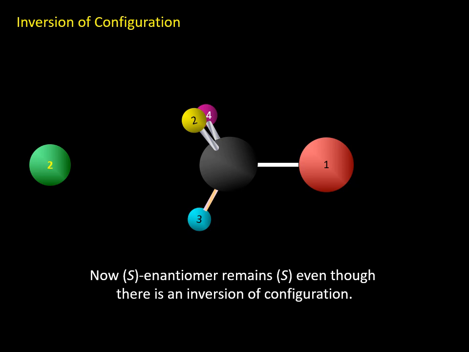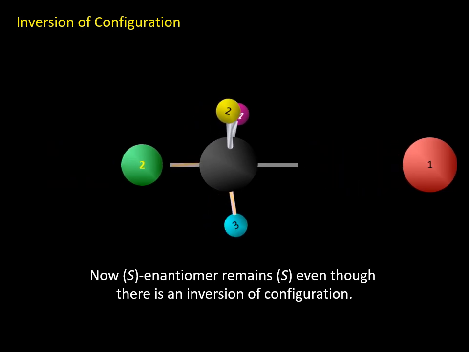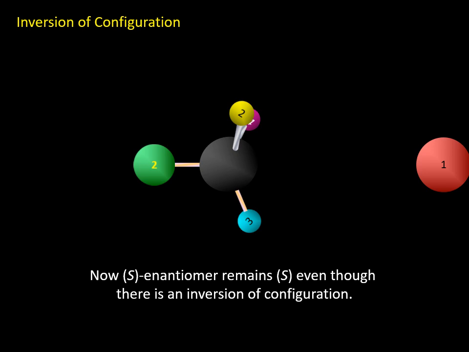So now we have the S enantiomer as the starting material, but after the reaction is completed, the yellow substituent becomes priority 1, while the incoming substituent is priority 2. And now, even though inversion of configuration has occurred, the S enantiomer gives the S product.